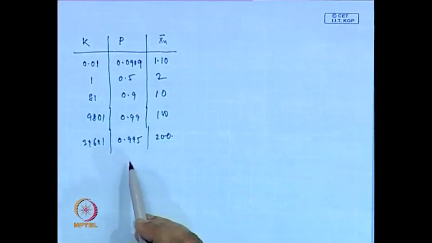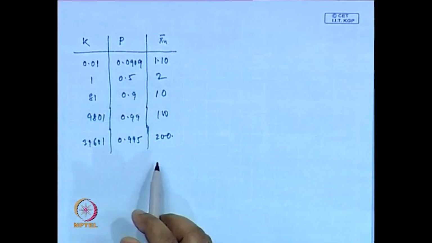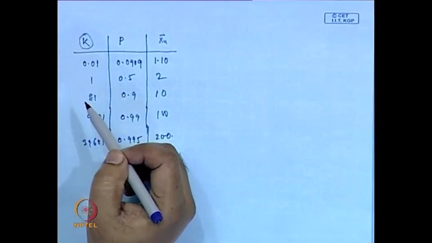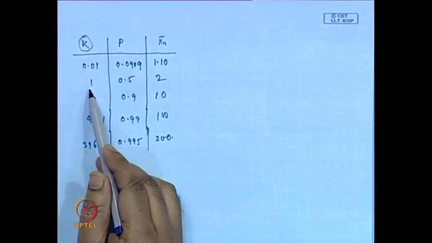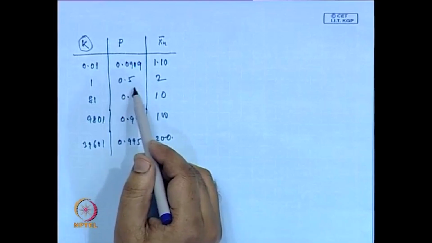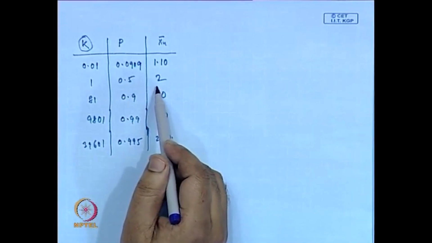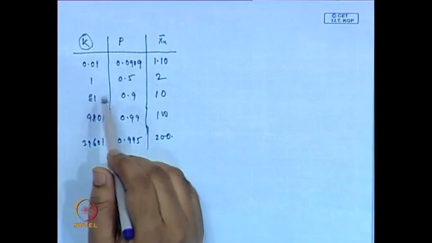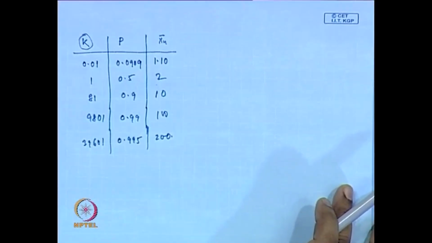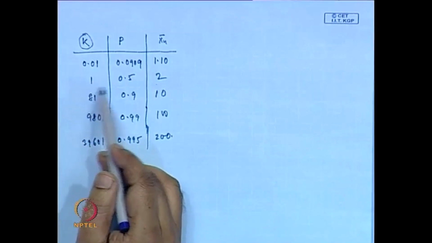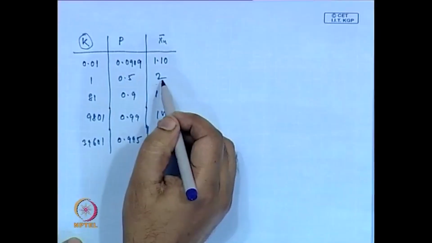Now, if we carry out this reaction in a closed system, if the equilibrium constant K is say 1, then the equilibrium conversion would be 0.5, which will lead to an average degree of polymerization of 2. That means if the value of the equilibrium constant is 1, then at equilibrium you are only going to get dimers.